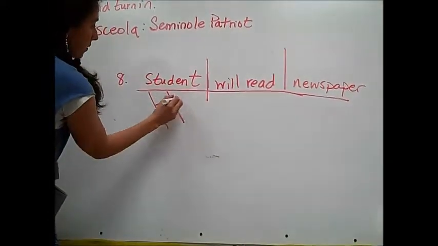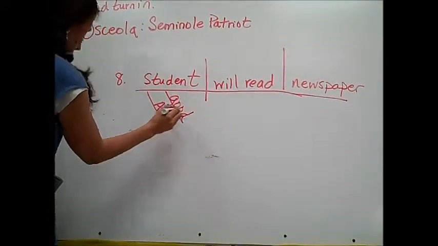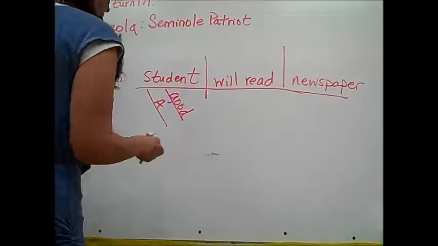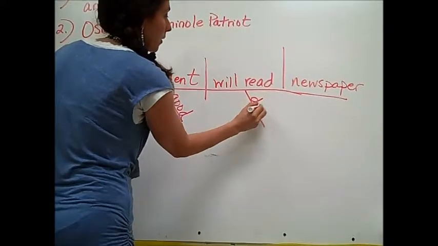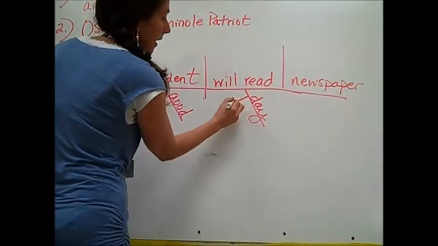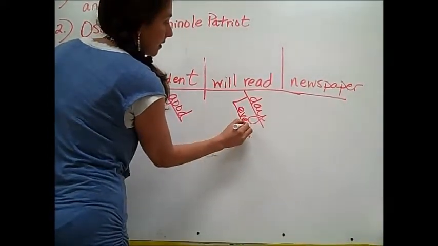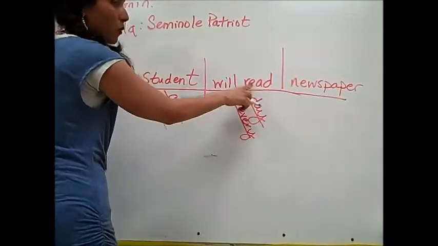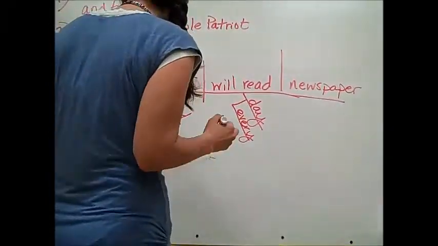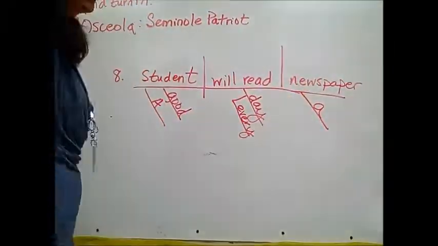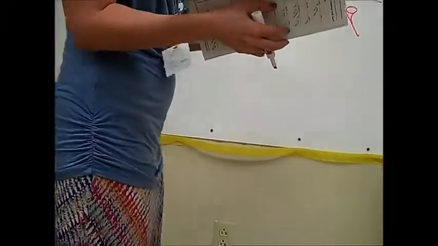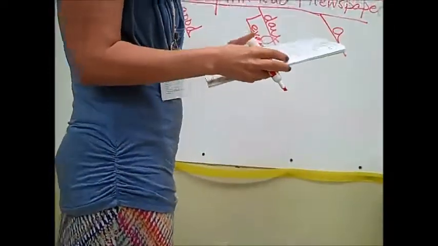A, good, these are adjectives modifying student. When will they read? Every day. These are adverbs that modify when they will read, our verb phrase. A is an adjective modifying newspaper.